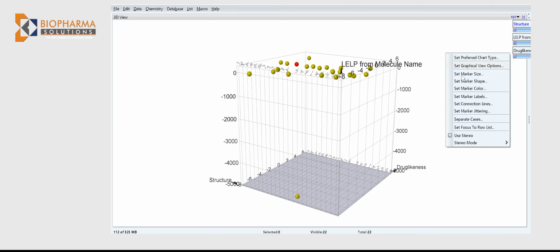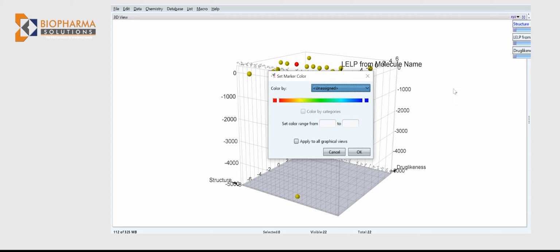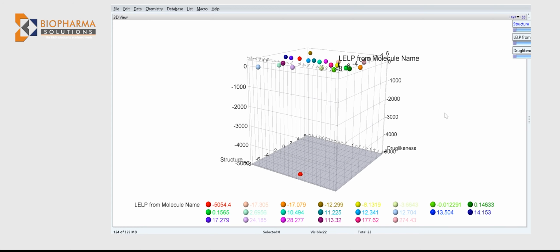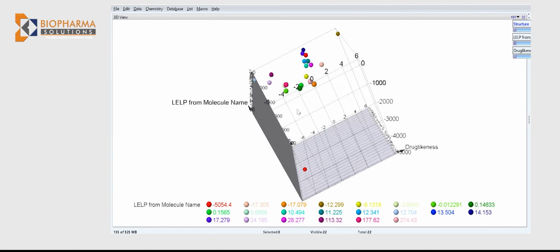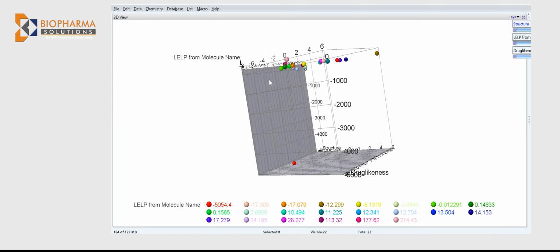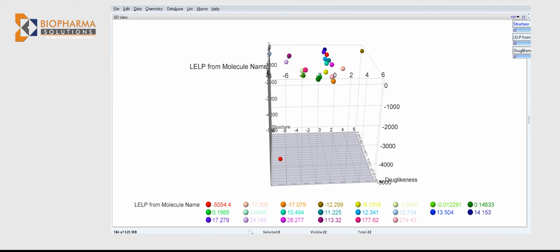Here also we can generate the color cards with respect to LELP. Different colors are there. So this is actually the ligand sphere. Here what you see is one molecule is outside this, which has got a very low LELP value.